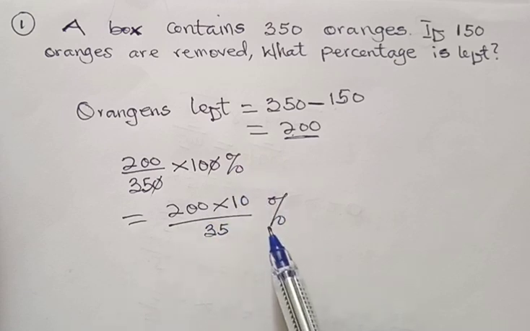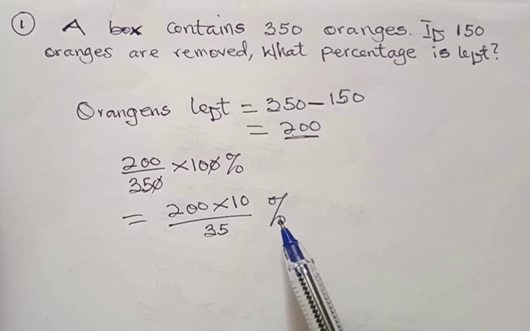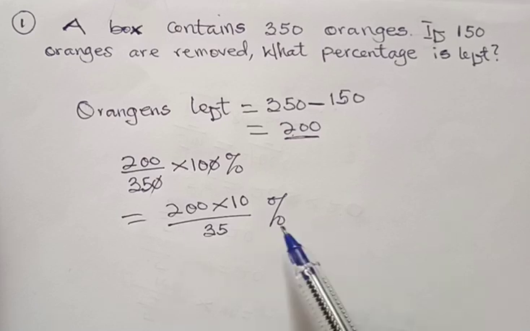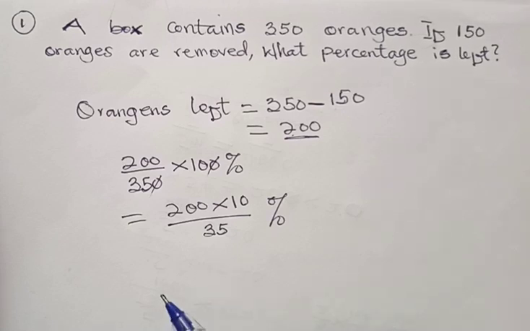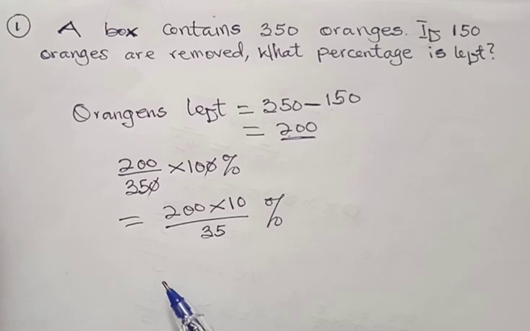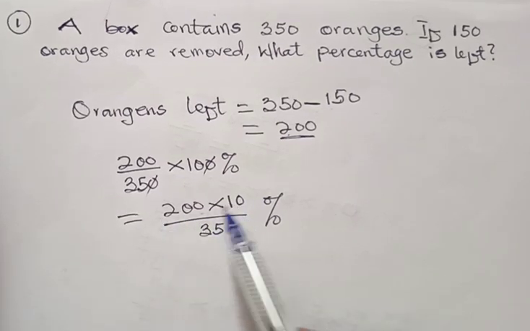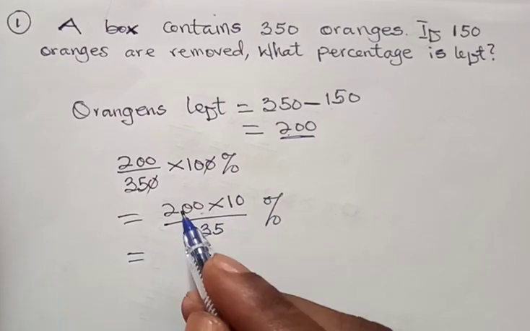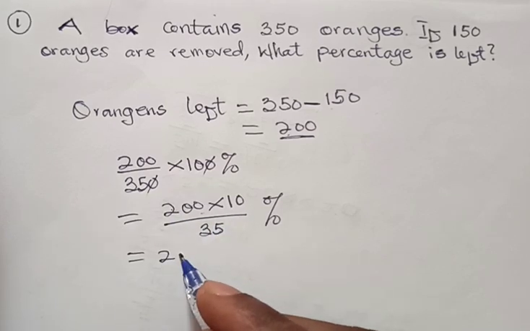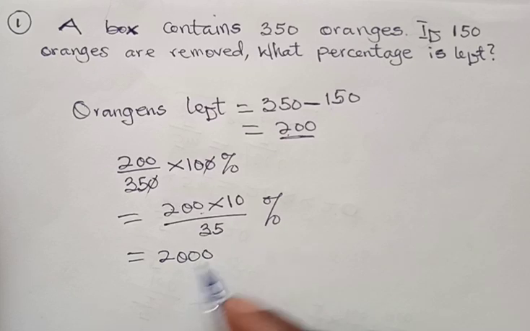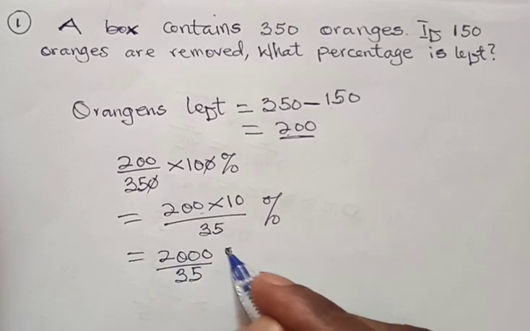That's why I always advise my students not to forget to bring your percentage, so that as you are moving along, you bring the percentage in your final answer. So how do we get this? 200 times 10 gives me 2000, all divided by 35, all percent.